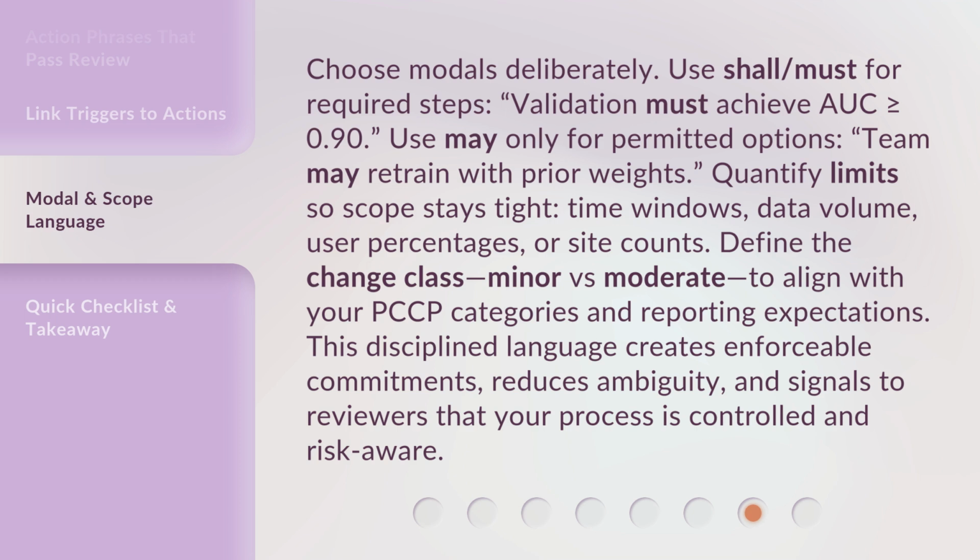Define the change class, minor versus moderate, to align with your PCCP categories and reporting expectations. This disciplined language creates enforceable commitments, reduces ambiguity, and signals to reviewers that your process is controlled and risk-aware.